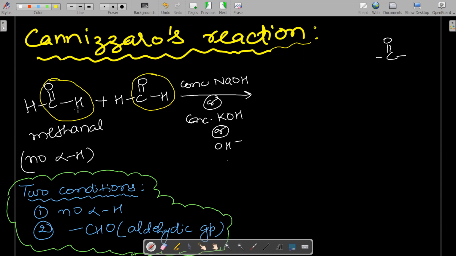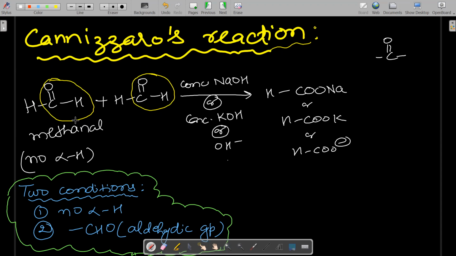There is a use of 2 moles, in which 1 mole of CHO group is oxidized into a carboxylic group. Here we have taken NaOH, so we can say sodium salt of carboxylic acid. If you take potassium, you can write potassium salt of carboxylic acid. Or if you write only alkali, you can write carboxylate ion.